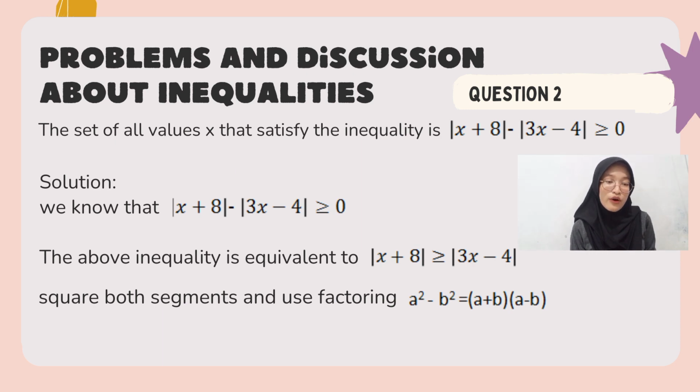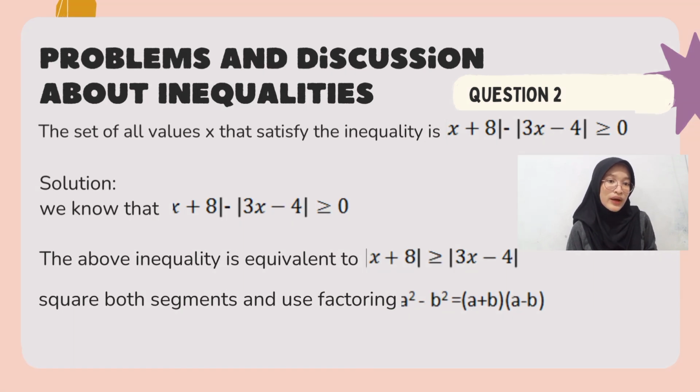The above inequality is equivalent to the absolute value of x plus a greater than or equal to the absolute value of 3x minus 4. So, square both sides and use factoring a squared minus b squared equals a plus b multiplied by a minus b.